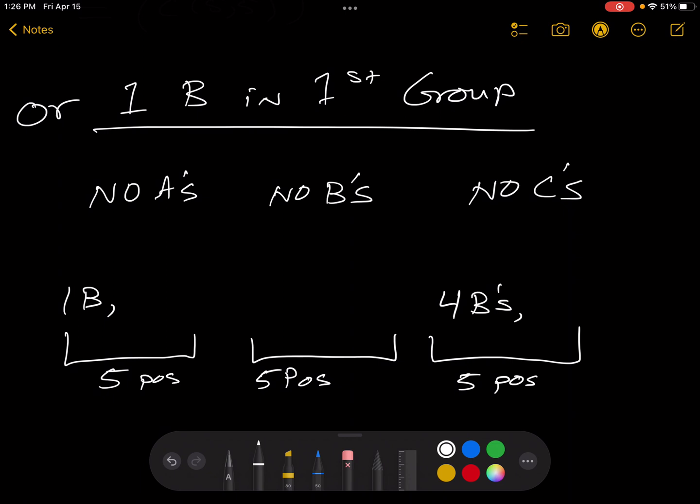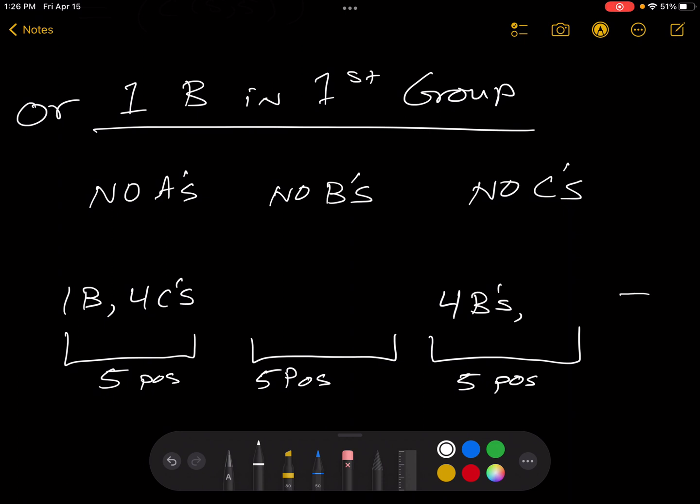So if you have 1 here, then you have to have 4 there to make up for it. Now all we have left for this first group are C's, and we have 4 positions left over, so we need 4 C's there.